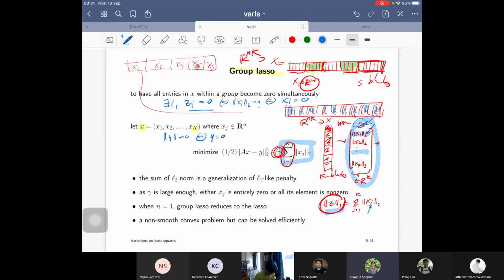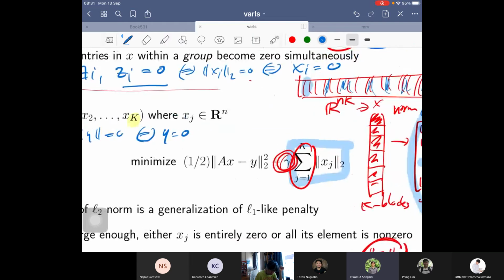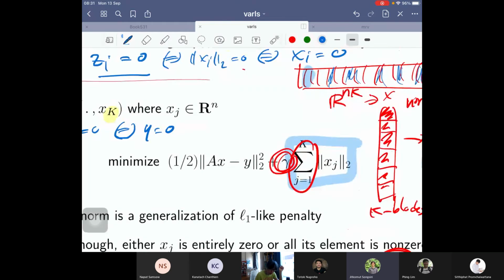Of course, if n here equals 1, which means each block of X is simply a scalar, that reduces to the Lasso problem. From the optimization point of view, this problem is still convex.